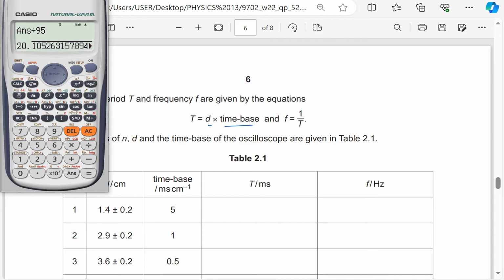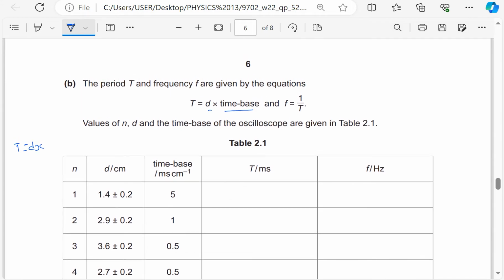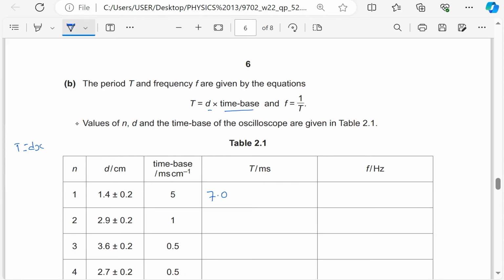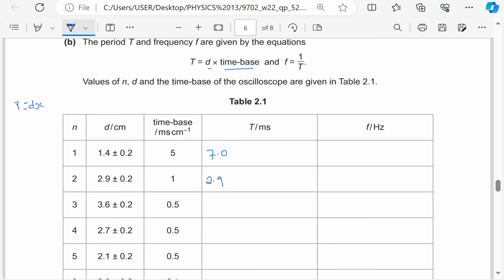So I'll say the first one is 1.4, not 1.5, times 5, which is 7.0. Here I'll just say 1 times that, which is 2.9.